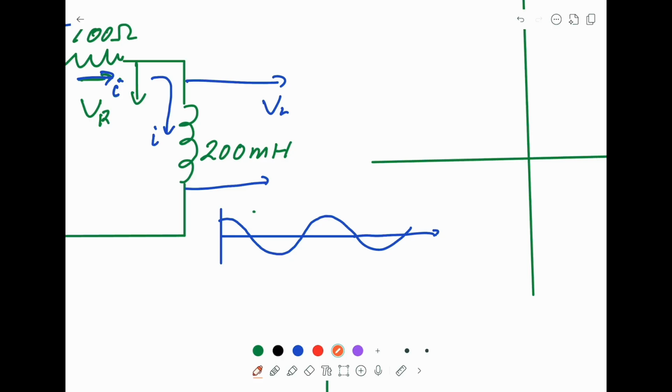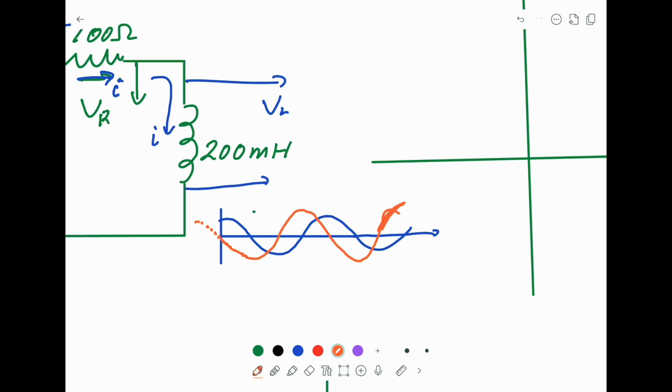It means the cosine curve shift to the left hand side 90 degree. So now we can imagine like this, and this is here.